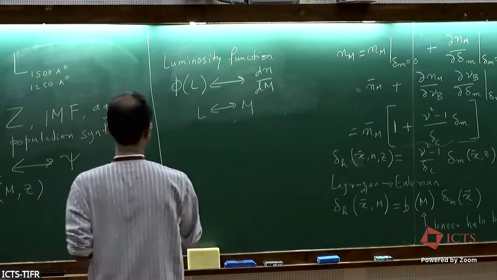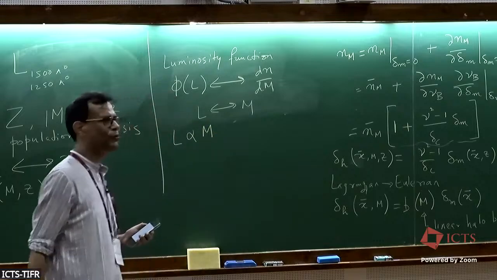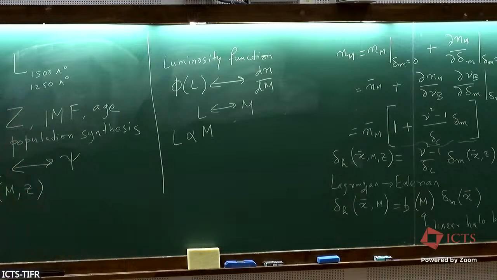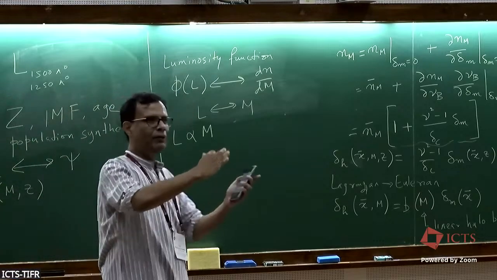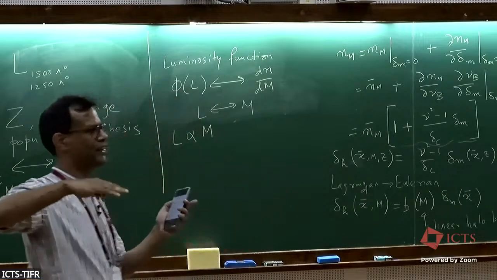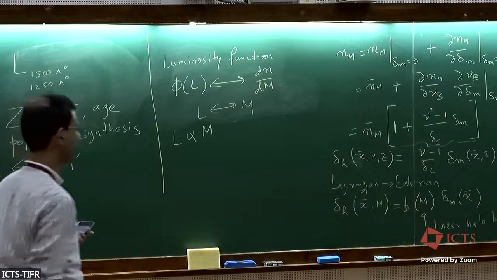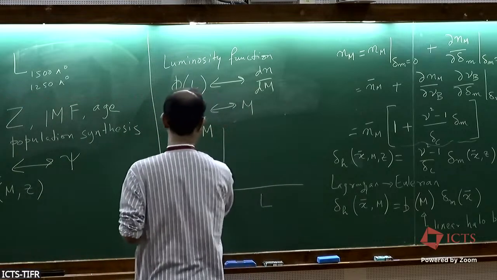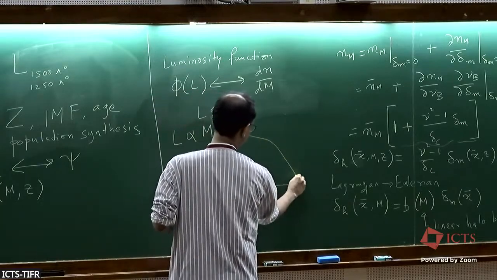Now, in the first approximation, you will say that let us take luminosity to be just proportional to M. The proportionality constant is a constant, at least at one redshift, it is just some number. So then this luminosity function will be like a scaled version of the halo mass function. It will have the same kind of shape, power law followed by exponential suppression.